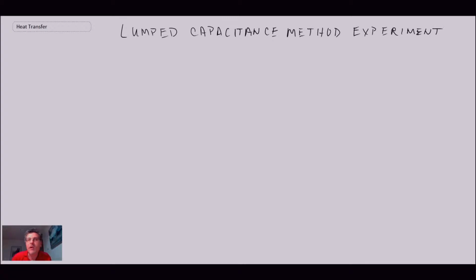In this segment, we're going to do a physical experiment and investigate the lumped capacitance method. If you recall from the last segment, we solved a problem where we took a can of pop out of a cool refrigerated environment.